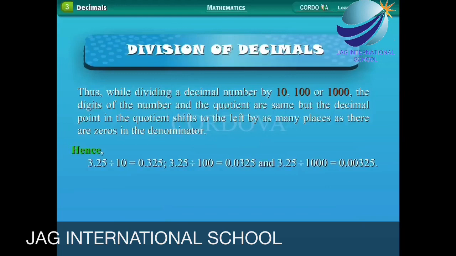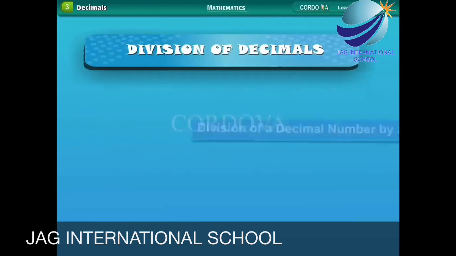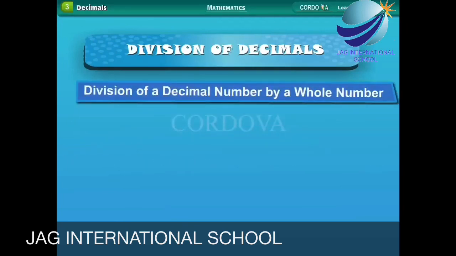Hence, 3.25 divided by 10 is equal to 0.325. 3.25 divided by 100 is equal to 0.0325, and 3.25 divided by 1000 is equal to 0.00325.